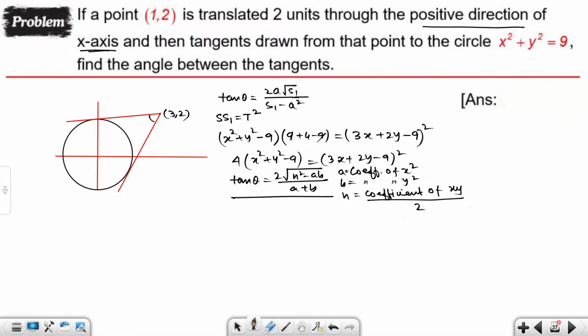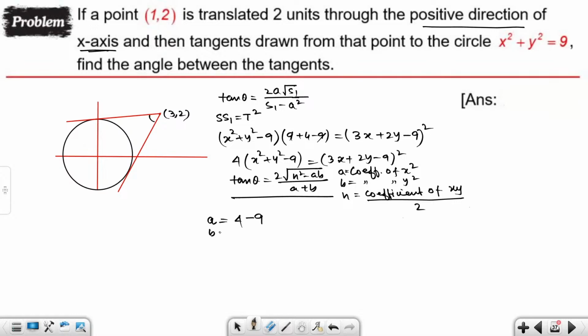So now, how to find the coefficient of x square? Don't try to open the whole thing because that will consume time. Simply find the coefficient of x square. On the left hand side, we are getting 4. From the right hand side, if we open, we are going to have 9. So when that 9 comes to the left hand side, it will be minus 9, so the coefficient of x square is 4 minus 9, which is minus 5.